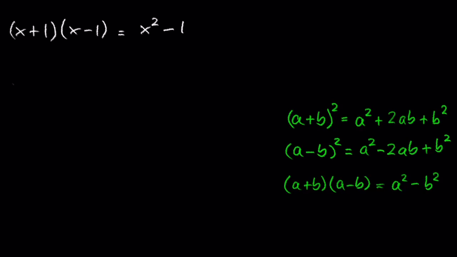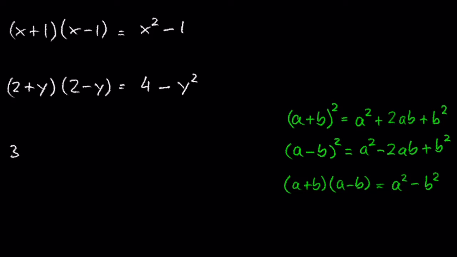Let's say we have (2 + y) times (2 - y). The third binomial formula says that this is then equivalent to 2 squared, which is 4, minus y squared, which is y squared.